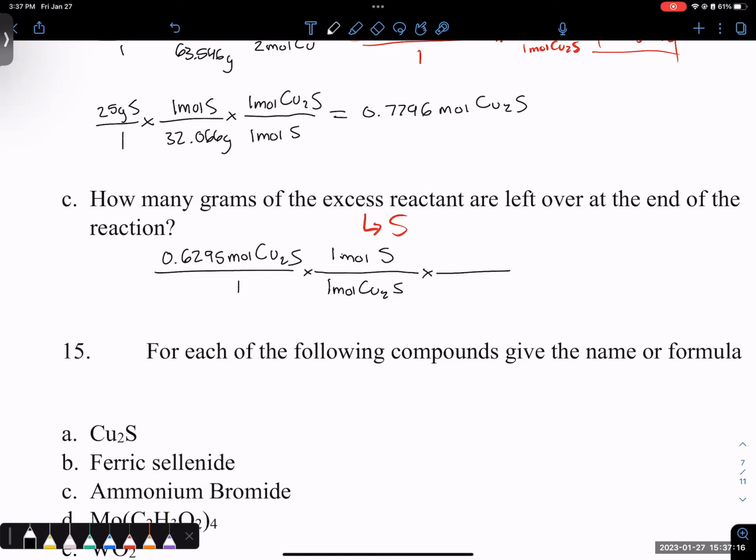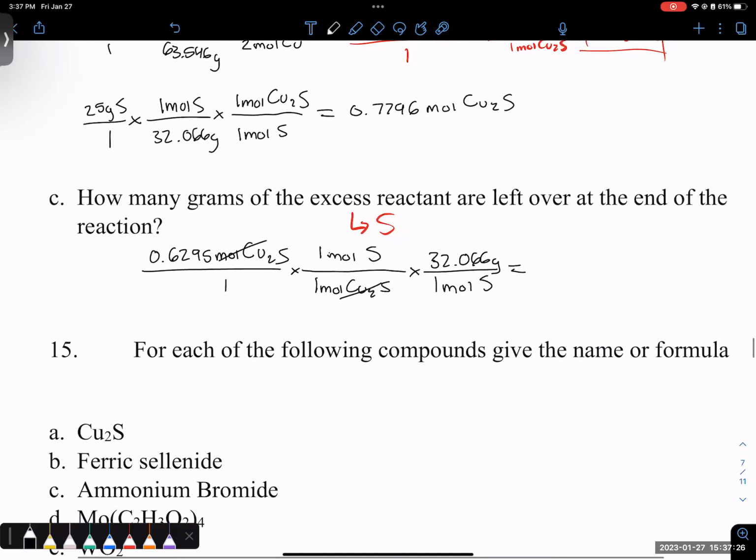Molar mass, right? So it's 32.066 grams per 1 mole of sulfur. That cancels those units out, and you should be left with 20.18 grams of sulfur. But is this the amount that is left over, or is this what was used? This is what was used, right?